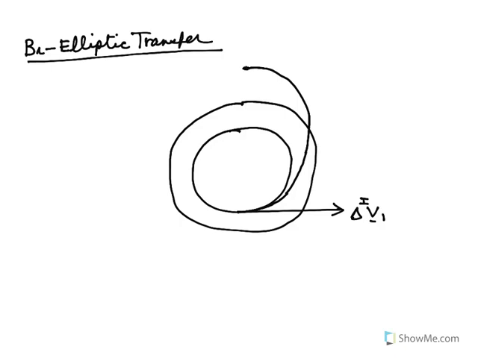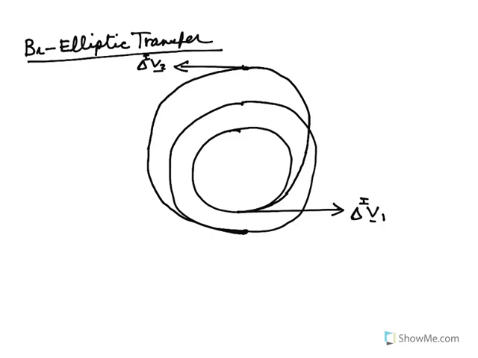And at that point, you actually apply a second delta V, delta V2, which puts you on a second elliptic transfer orbit, and that second elliptic transfer orbit is tangent to the larger orbit at the bottom of the diagram as shown.